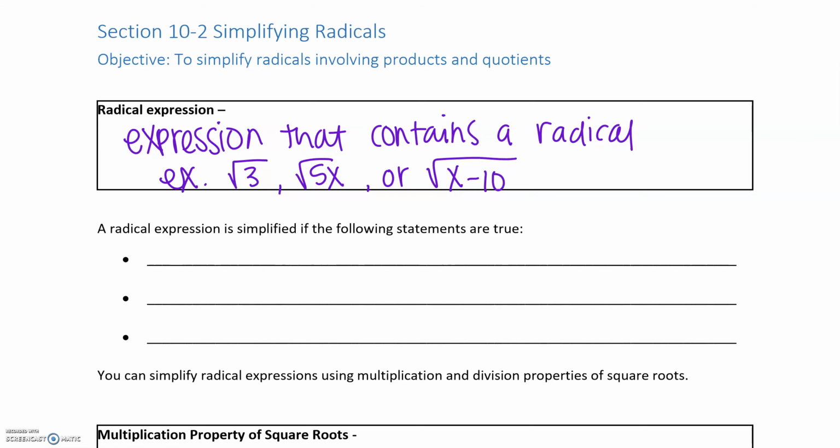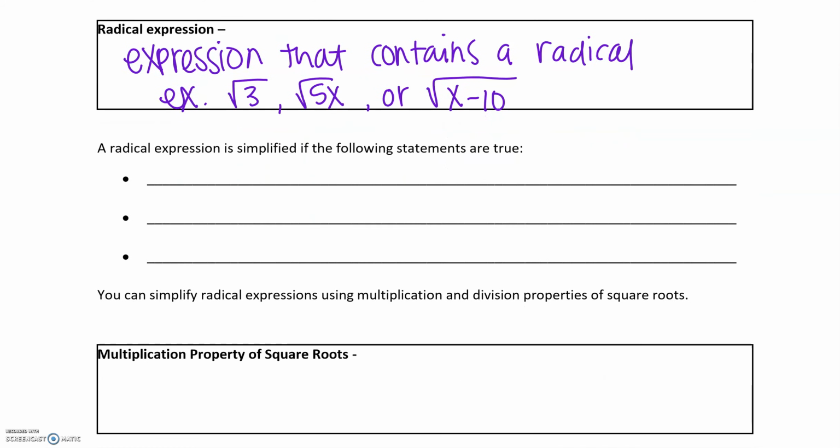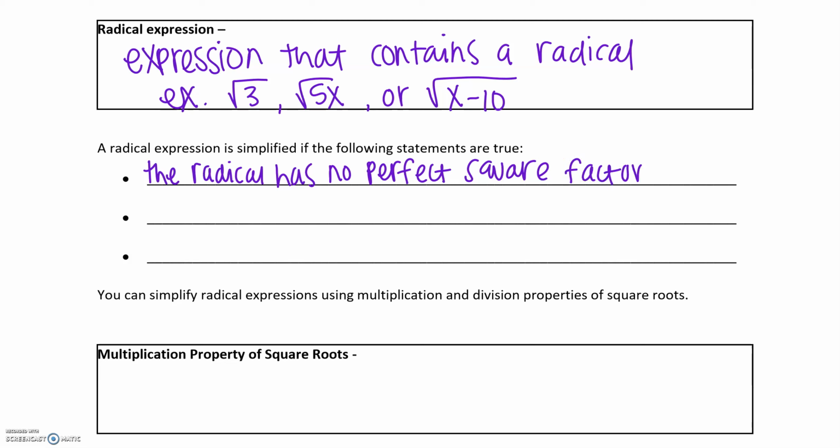So a radical expression is simplified when the following statements are true. We have a radical, the radical has no perfect square factors, no perfect square factors other than 1, because obviously 1 is a perfect square.